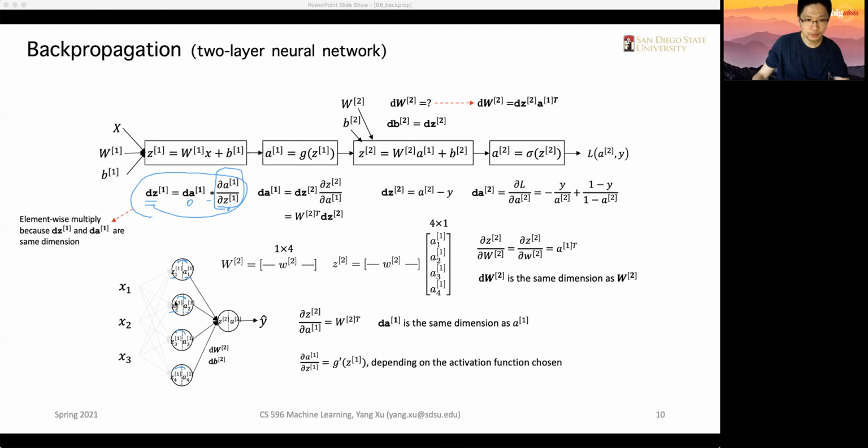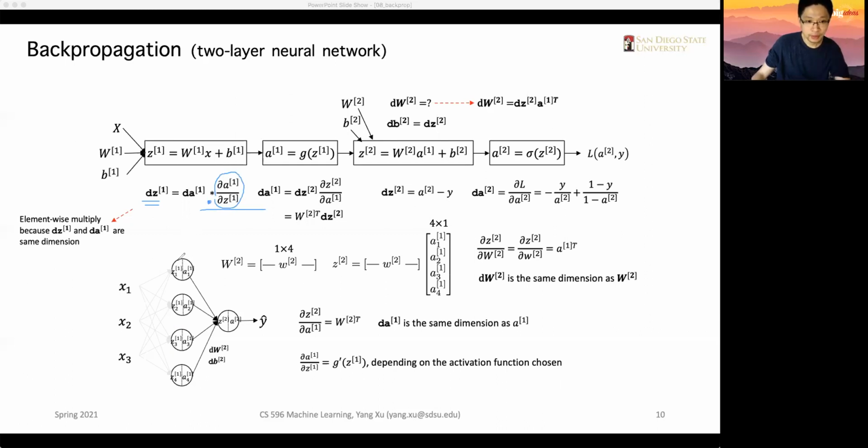So Z2 doesn't contribute to A1, and we don't need to consider this cross-element relationship. We just need to know the partial derivatives of A1 with respect to Z1 if we want to compute the gradients of Z1. And we use an element-wise multiplication in this case.